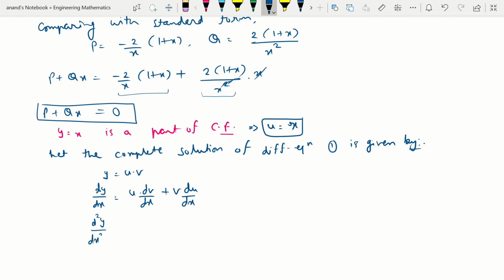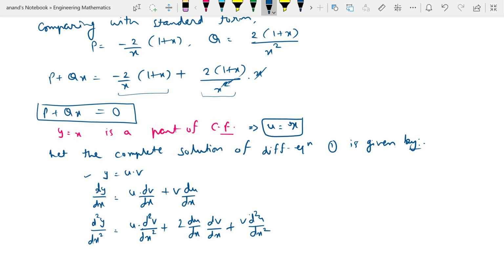d²y/dx² equals u d²v/dx² + 2 (du/dx)(dv/dx) + v d²u/dx².